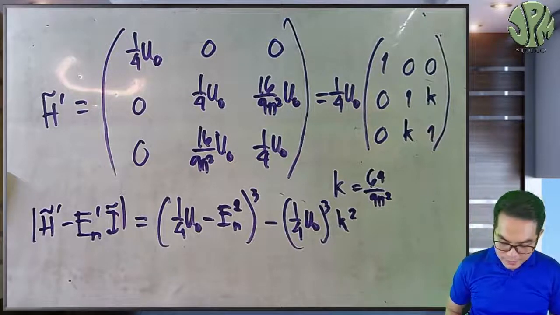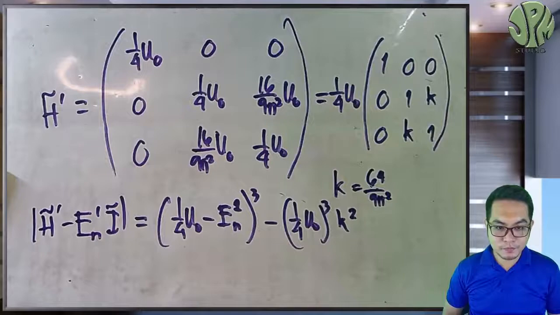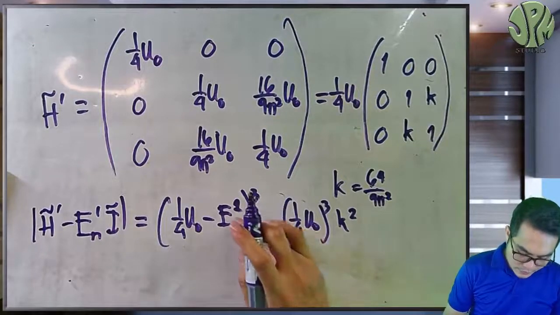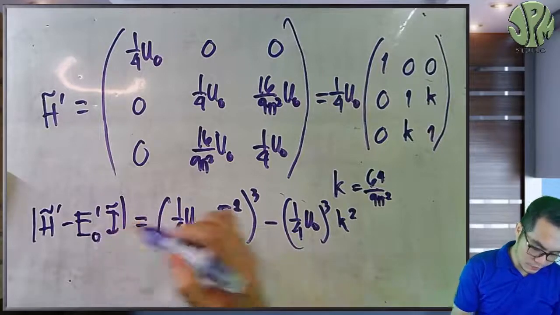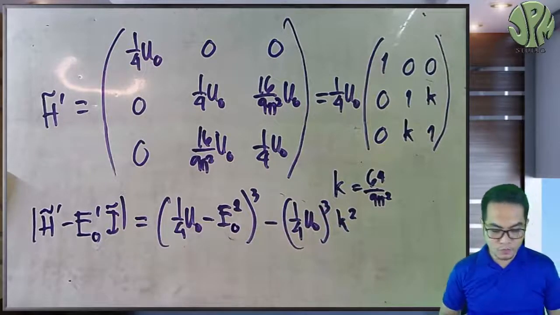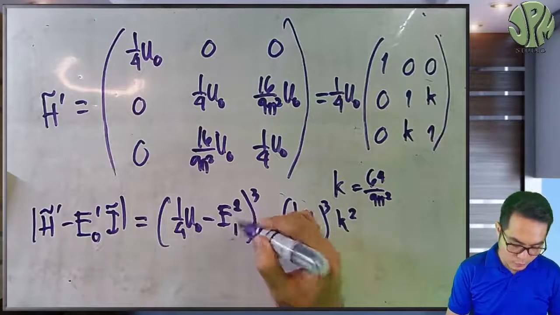So simplify that one and solve for E^(1), the first order correction. Since this is the ground state, so this is E0,1. No, E1,1.